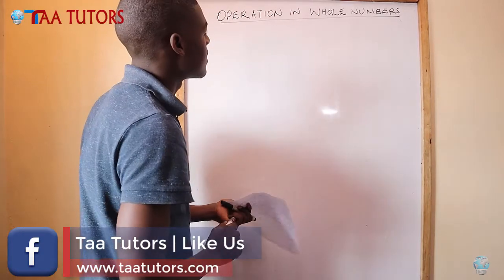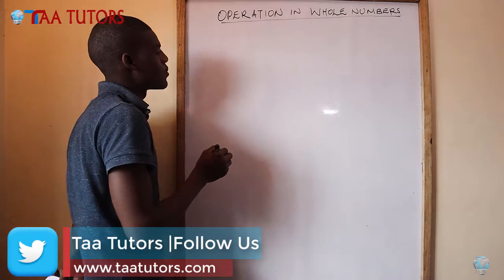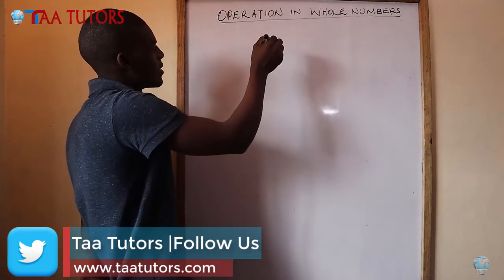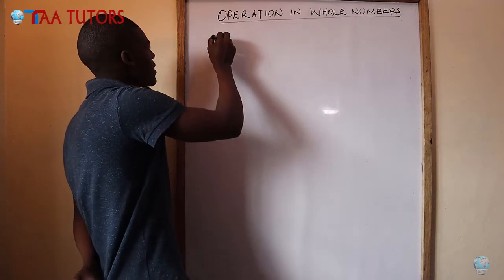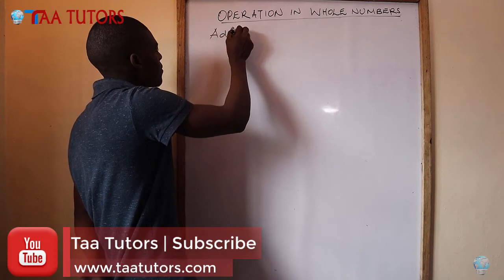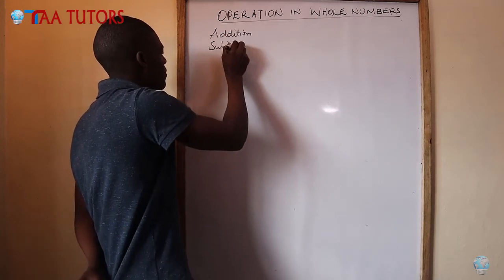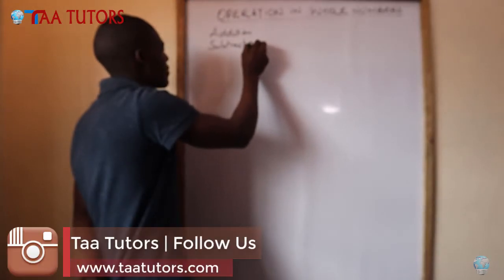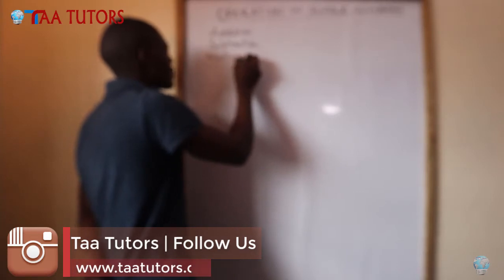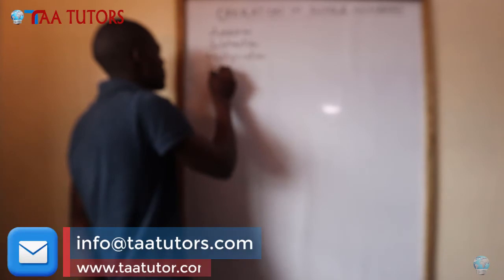Operation of all numbers. In operation, we are aimed at arriving at an answer, and that's why we operate. And the operations that we always do are addition, subtraction, multiplication, then we have division.